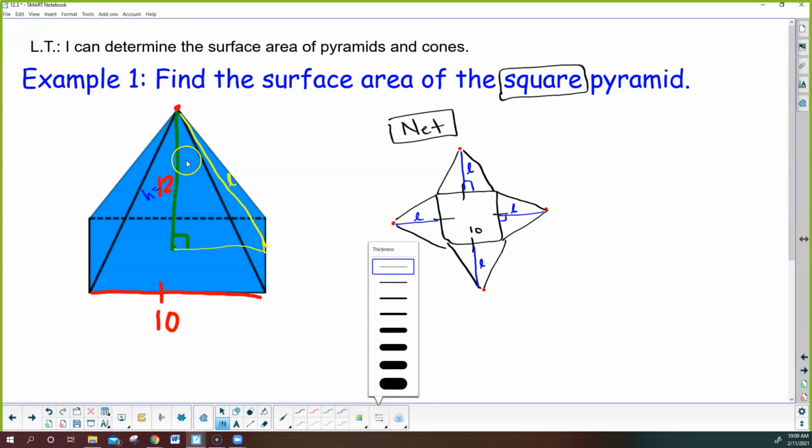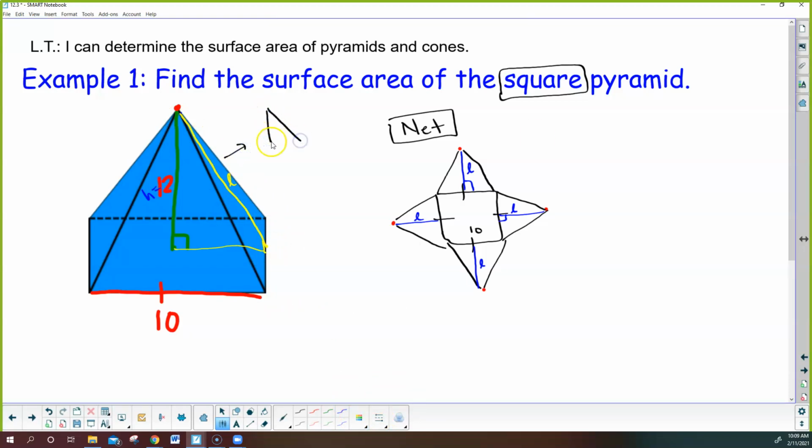So if you would like, you could redraw this off to the side here. And the height, which is 12, and the slant height, and half the value, notice this full length is 10. So if this full side length is 10, and this is definitely our center point, the yellow piece from the center point to the edge is always half the value.